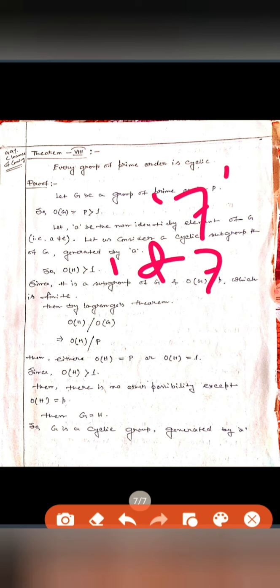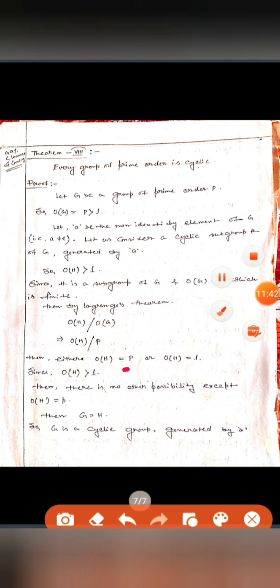So the order of H equals either 1 or P, that is, only 1 can divide P or P can divide P, none other than that, because P is a prime number.